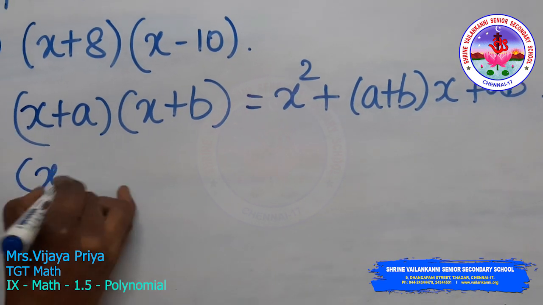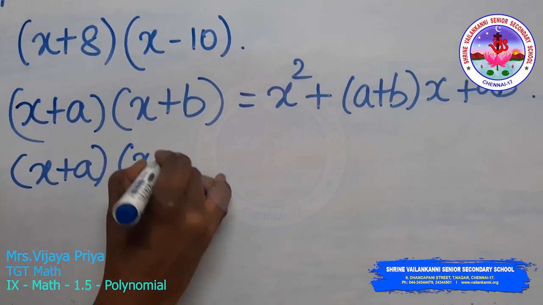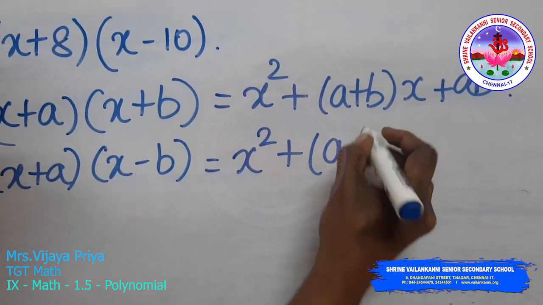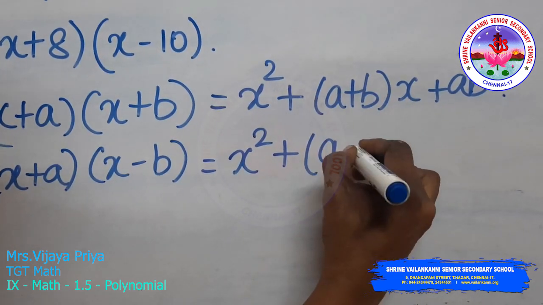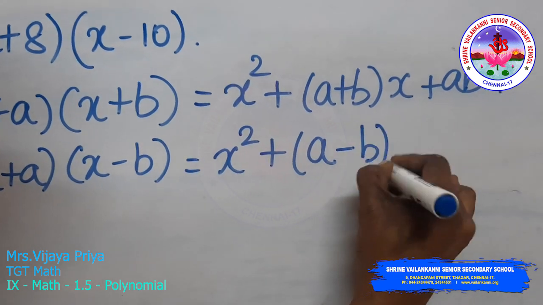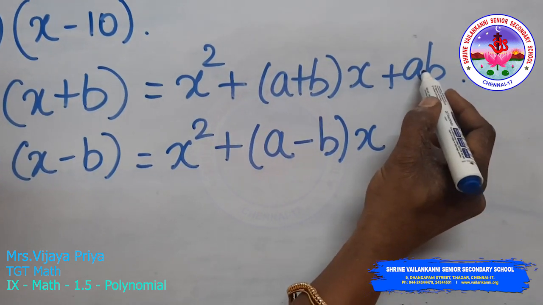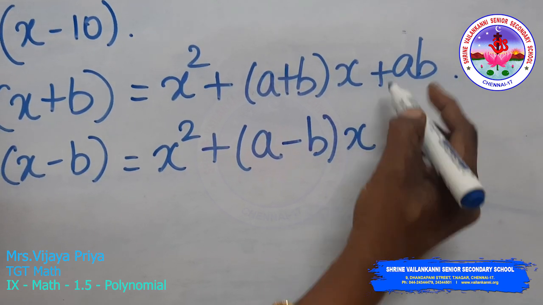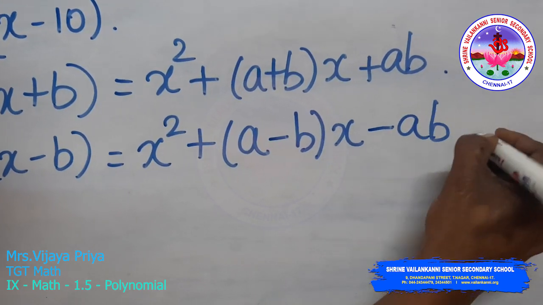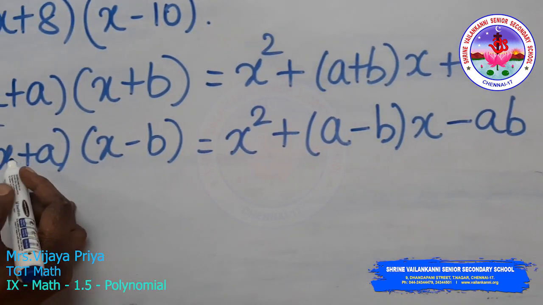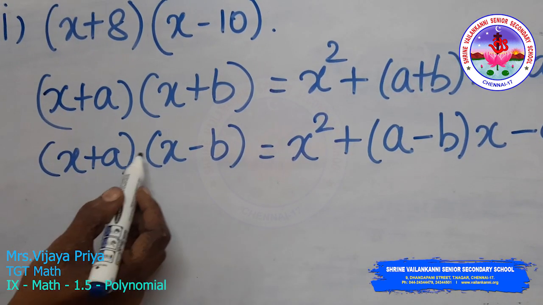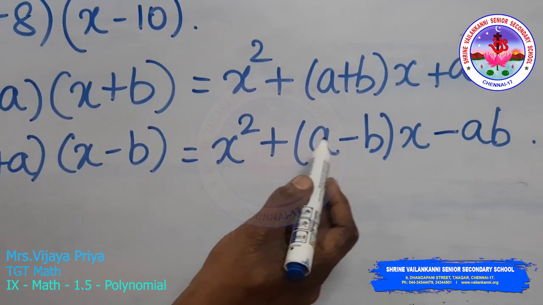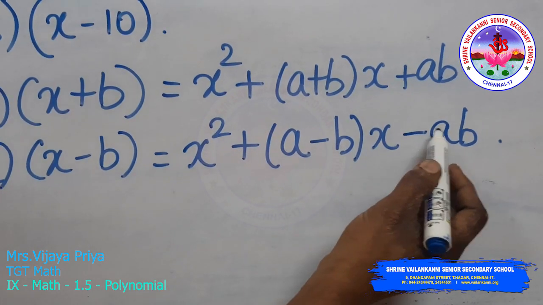So I will get (x + a)(x - b), which is equal to x squared + (a - b)x, and here a into -b I will get -ab, since plus into minus becomes minus. Thus I derived the formula (x + a)(x - b) is equal to x squared + (a - b)x - ab.